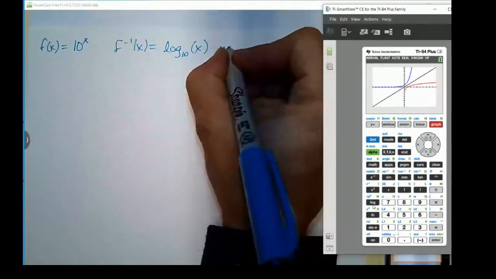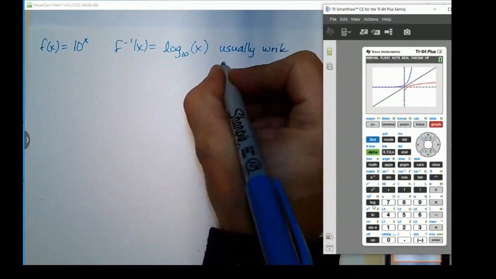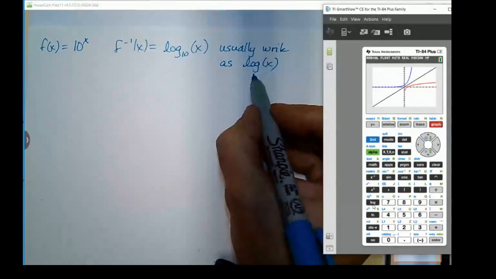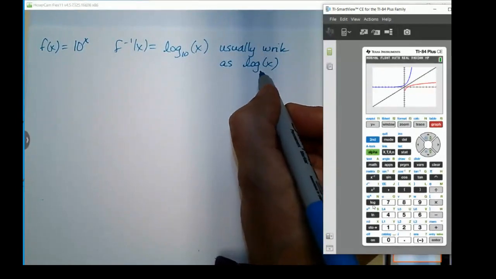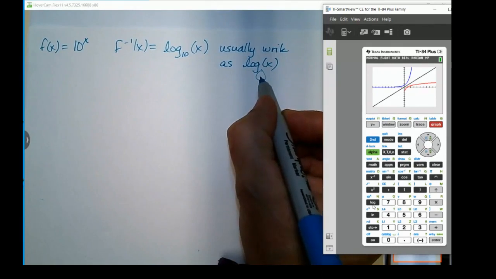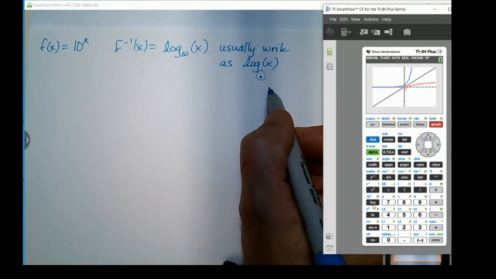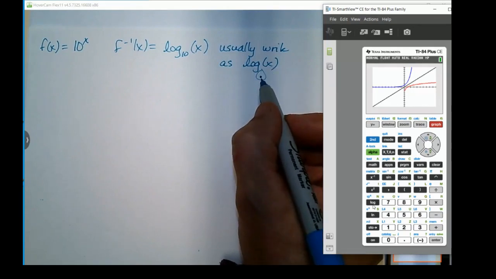And we usually write this as just log of x. If you're doing the problems for this unit and you see something that has log and there's no subscript to tell you the base, that means it's automatically 10. ln means it's log base e. If you just have log of x, that means it's the log base 10.